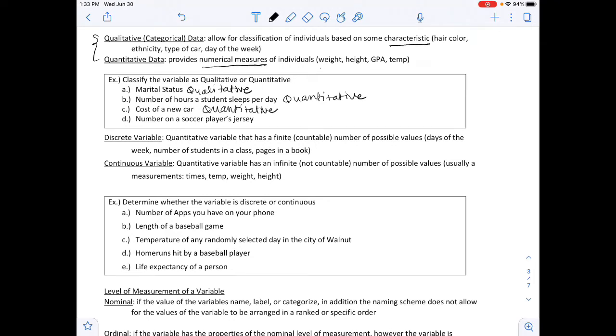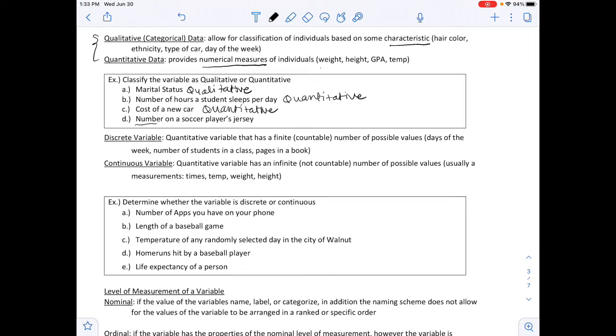And then part D is the number on a soccer player's jersey. And yes, it does say number, and I do understand that quantitative data is numerical, but we don't use those numbers to measure anything. There is the idea of different numbers representing different positions on a field.